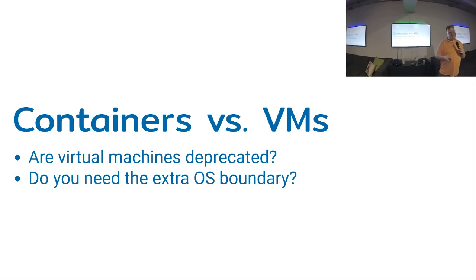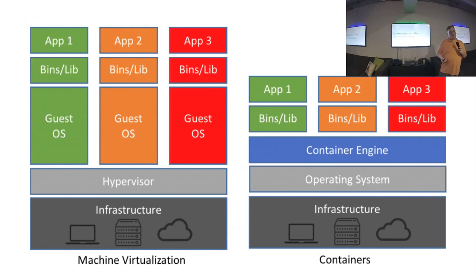And so the key thing to understand with containers and virtual machines, which most people seem to be more comfortable with, is it's really about where the operating system is. When we look at containers, whether it's Docker or any other container environment, you don't have all these guest OSs.